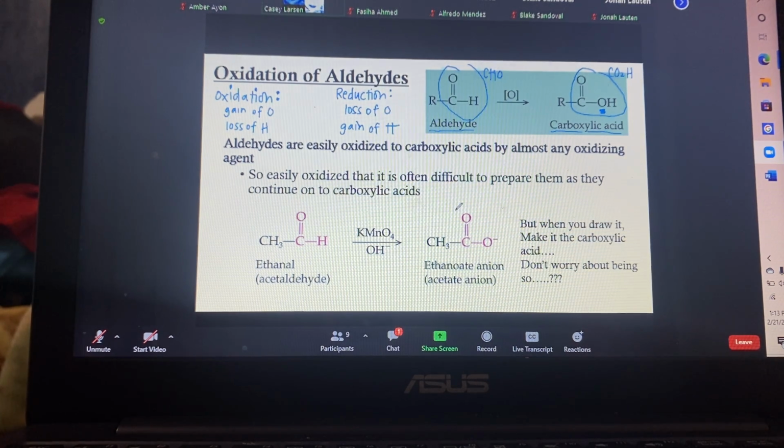We gain an oxygen. So this is an oxidation process. This process is so easy that if you want to keep aldehydes in air, it just happens in air. Not even with the help of a catalyst or anything, it just happens. So you've got to be really careful.